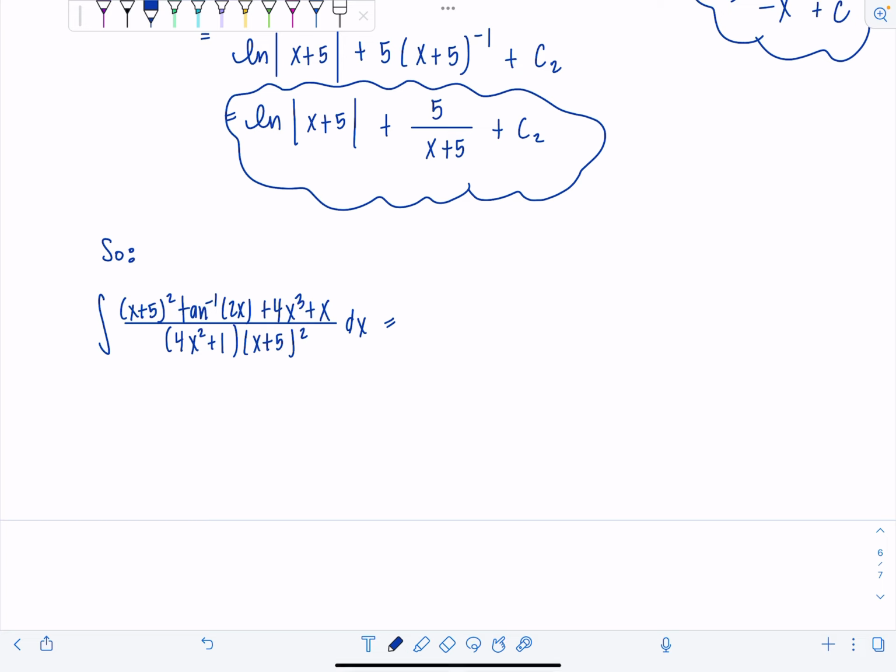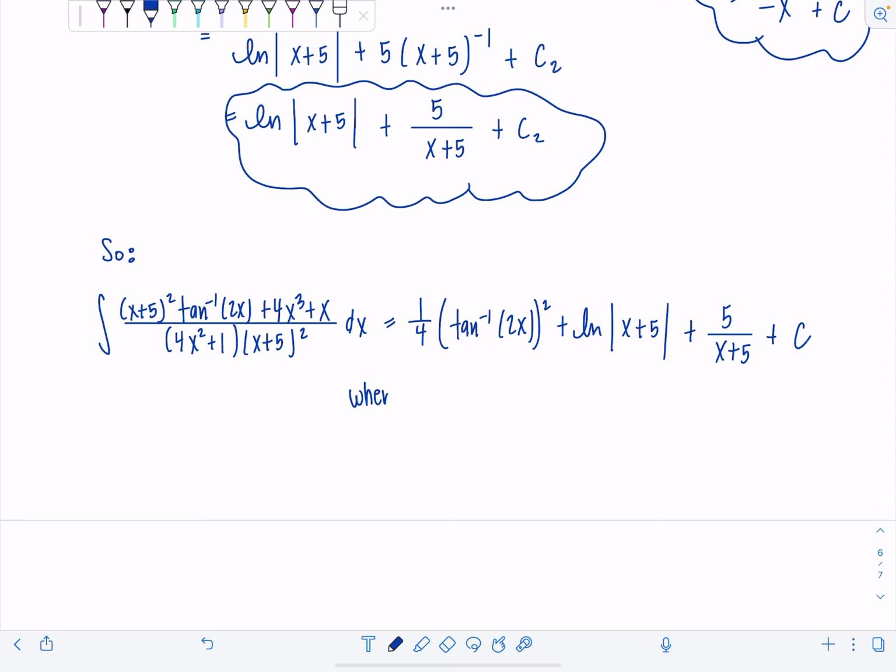I have it here written down. I don't want to keep scrolling, make you nauseated. 1/4 tan inverse of 2x squared plus ln, absolute value, x plus 5 plus 5 over x plus 5 plus C, where C equals C1 plus C2.